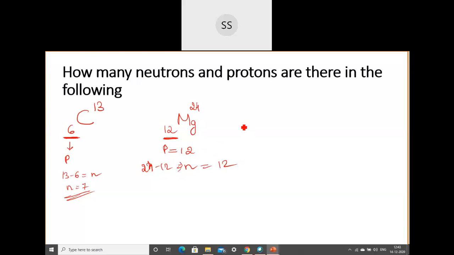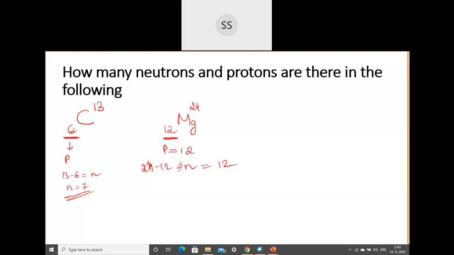Okay, yes. Now, I will give you the mass number and the atomic number. You have to tell me what will be the symbol of that particular element. I've told you from 1 to 20 at least you need to remember.